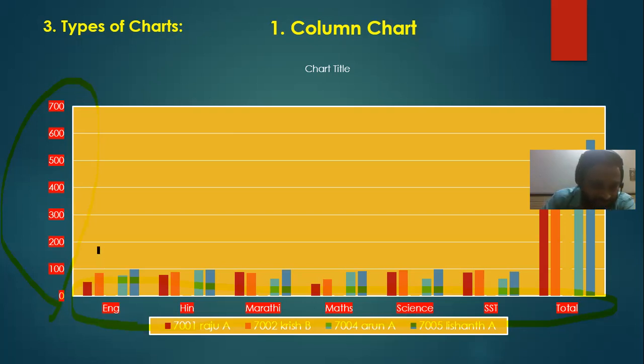And this data series displays vertically in the column chart. So here you should understand three points: the data series displays vertically in the column chart, the x-axis is called a category axis, and the y-axis is called a value axis.